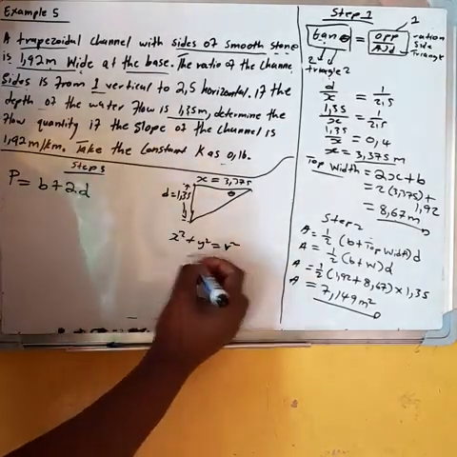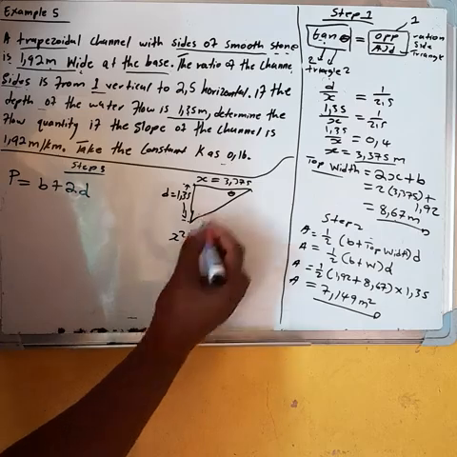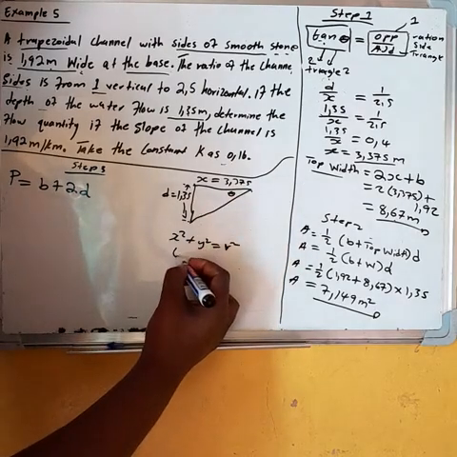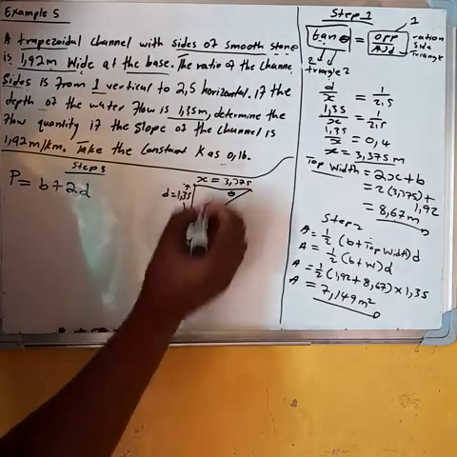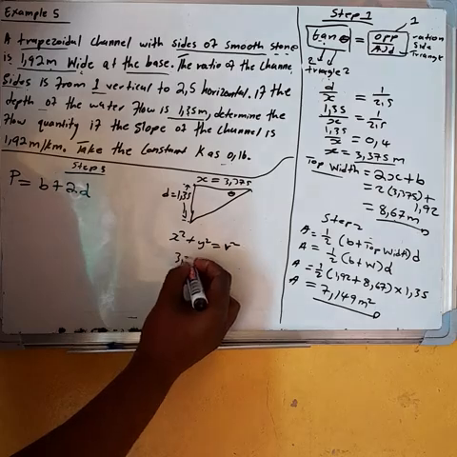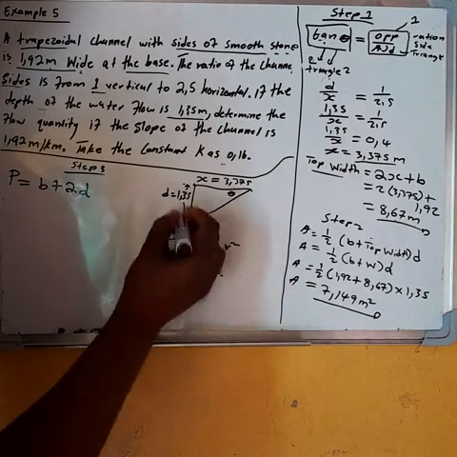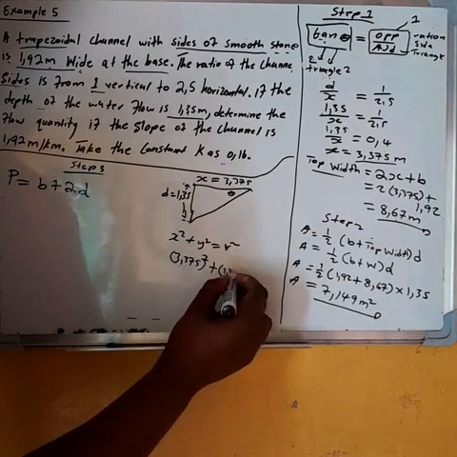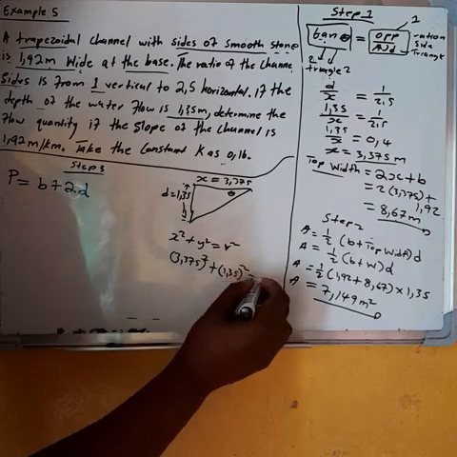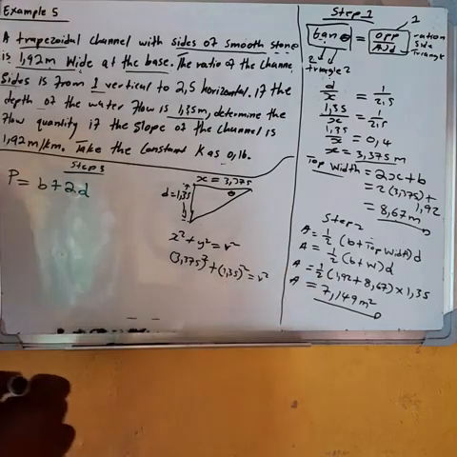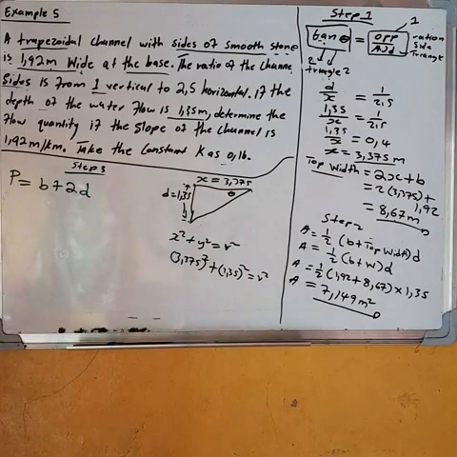As we want r squared, we substitute x as 3.375 whole squared plus 1,35 squared equals r squared. Then we take the square root of that.